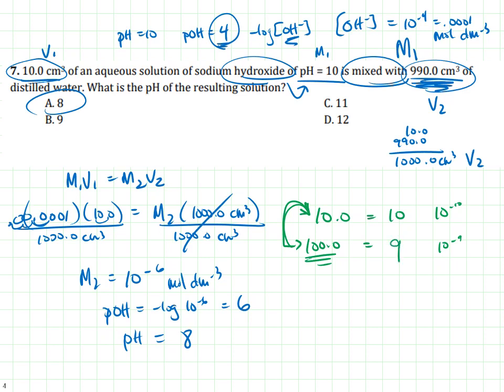And then if I dilute by a factor of another 10, go from 100 to 1,000, then again my concentration is moving by another decimal place, which is another piece of the common log, which takes us to a pH of 8. And there's our answer.